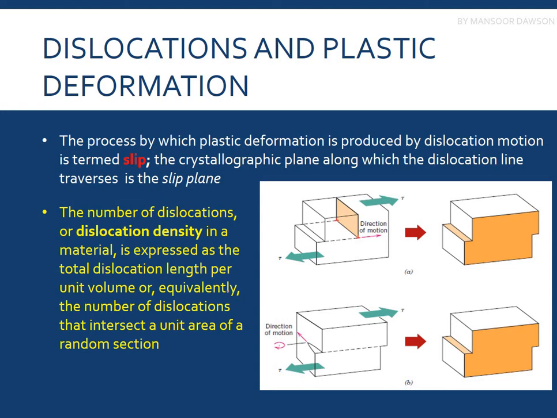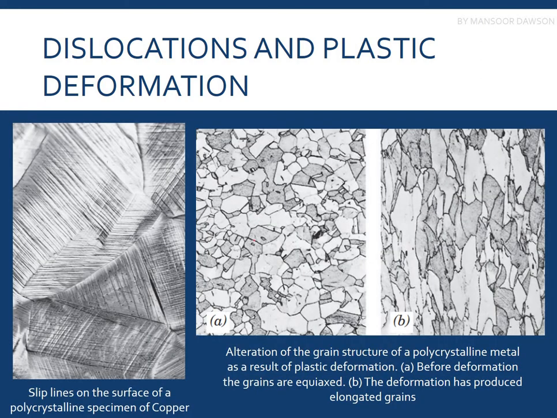So the total number of dislocations present in a volume of a material is termed the dislocation density. Here you can see the slip lines on the surface of a polycrystalline specimen of copper. These lines are the dislocation lines, which are moving in specific directions along with its grain.